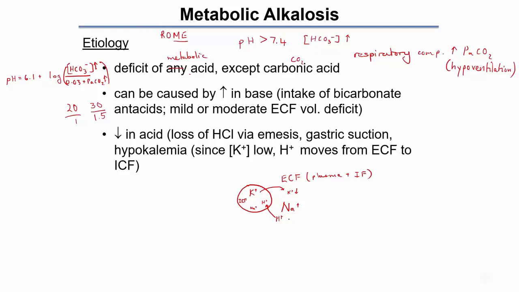As the proton moves into the cell, this decreases. What is that? Alkalosis. So in severe hypokalemia, alkalosis can develop in this manner, where potassium shifts out of the cell, and instead the proton shifts from the ECF into the ICF, and that causes alkalosis. So that can be one other cause of metabolic alkalosis, severe hypokalemia.